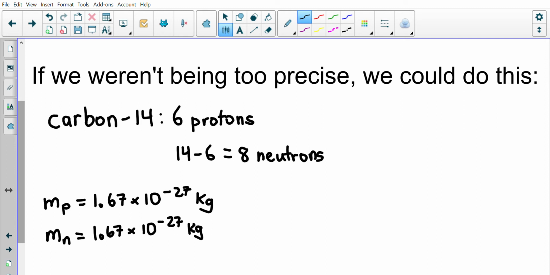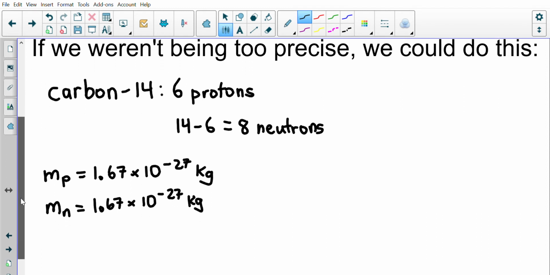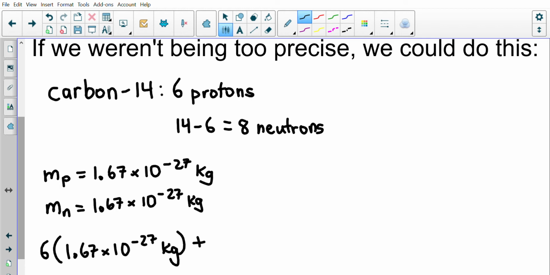So to find the mass of the nucleus, I take 6, because there are 6 protons, and multiply it by the mass of each proton. Then I add to that 8 times the mass of 1 neutron. I'm going to go ahead and calculate that.